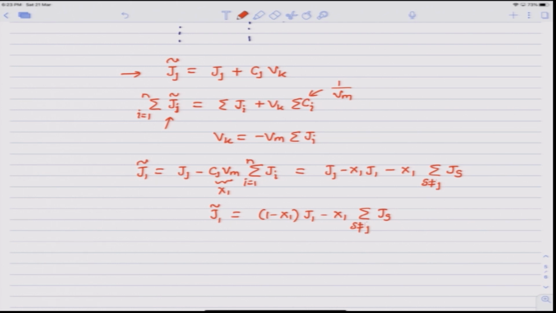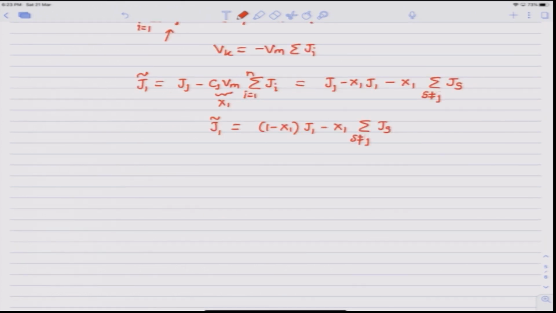So if we substitute for all J_i's in terms of Fick's law and compare the corresponding terms, we can obtain the interrelation between interdiffusion coefficients and intrinsic diffusion coefficients.